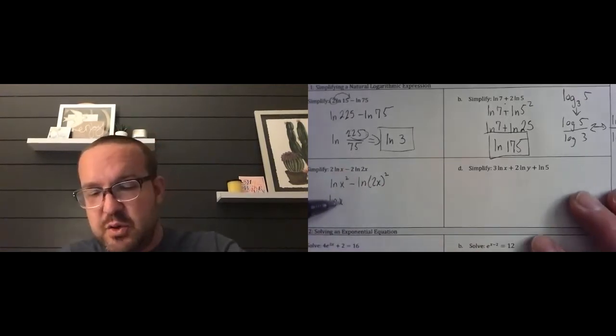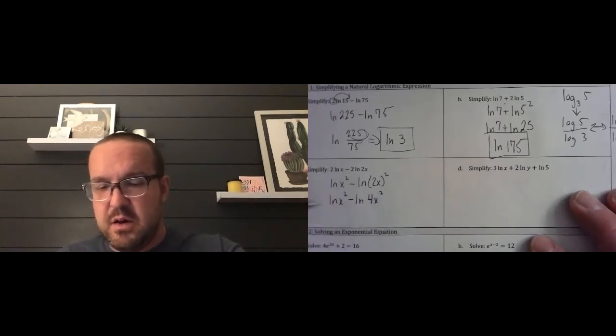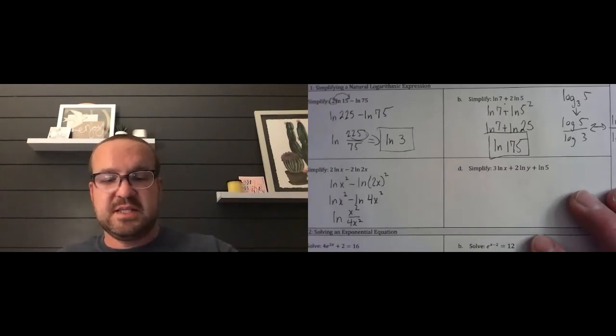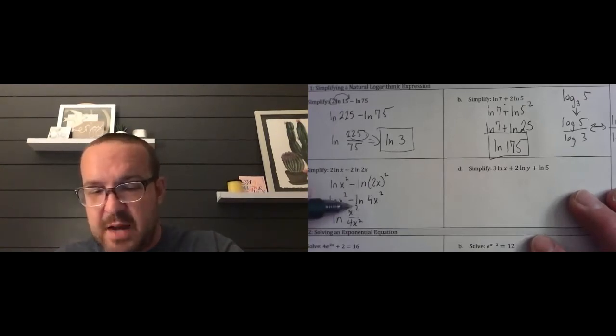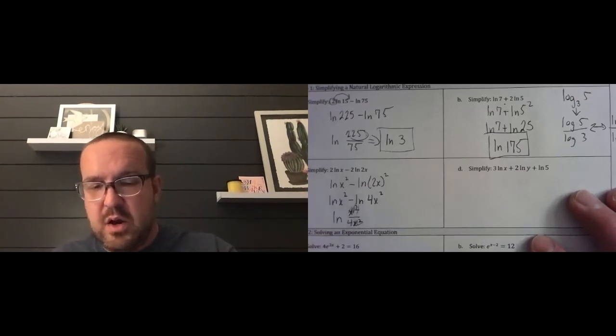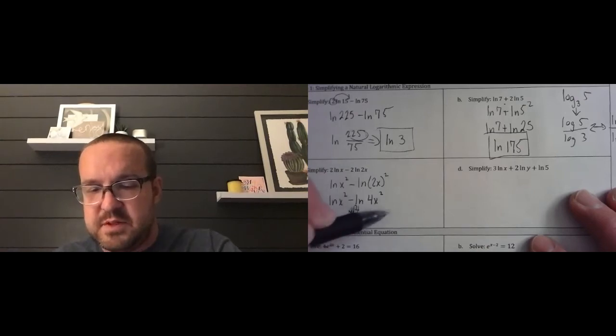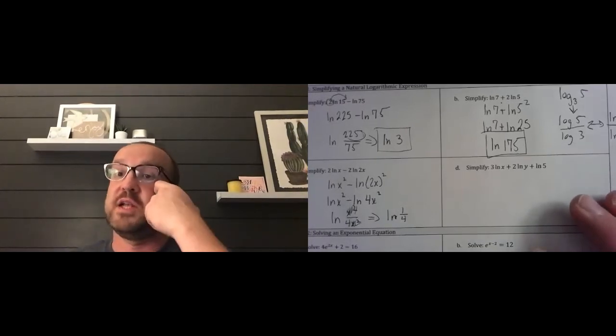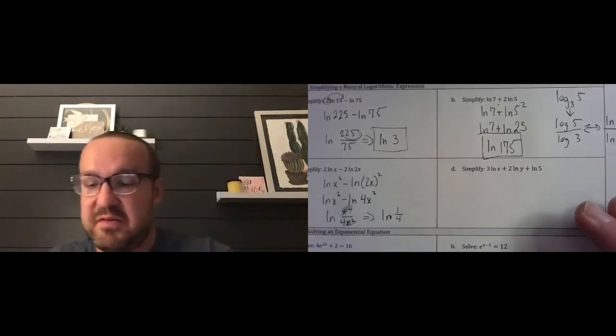So the natural log of x squared, I'm just going to simplify this here at the end. We know that we can just now divide with the x squared on top and the 4x squared on bottom. It looks like we have some reducing. We have a common factor of x squared on top and bottom. So the natural log of 1/4 there.